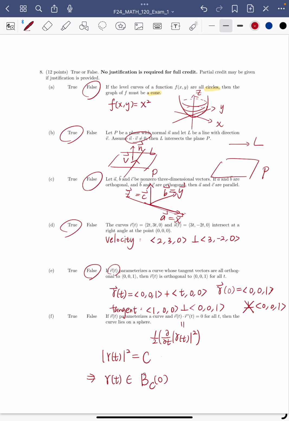Yes. Yeah. Oh, not a ball. Or we can write this. So r of t lies on a sphere of radius c.